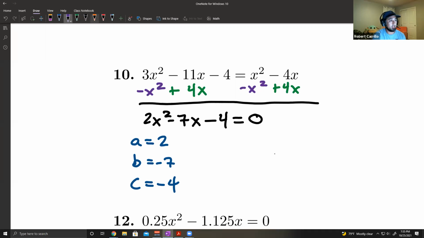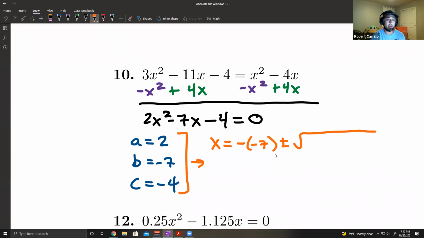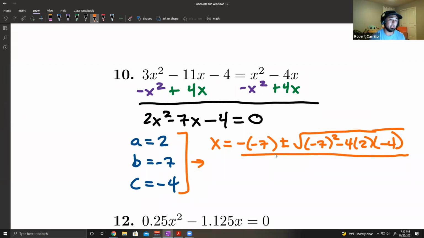X equals -b plus or minus the square root of b squared minus 4 times a times c, all over 2 times a.